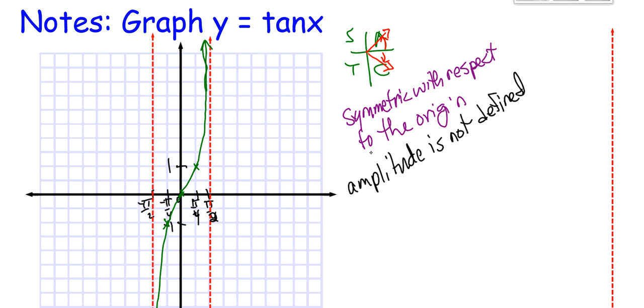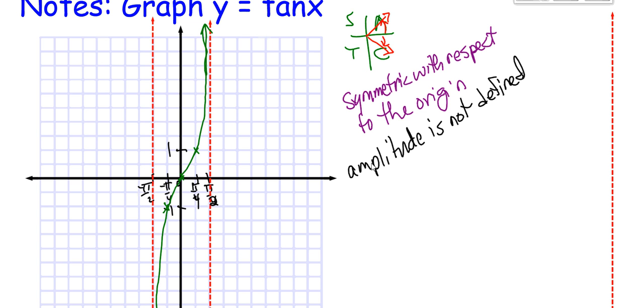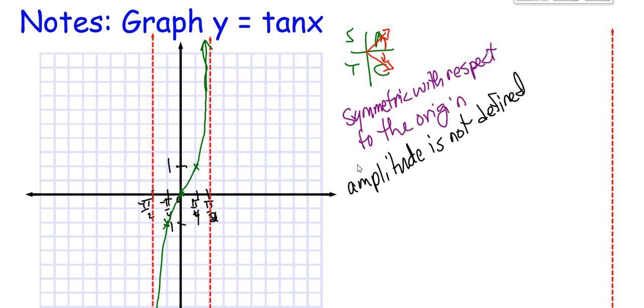And for tangent, the 5 key things are going to be only 3 points, these 3 points right here, and then the asymptotes. And the asymptotes kind of are at the ends of that. Notice we still are using that 4 cubbyhole concept as well. And so here's some other things that we want to be able to say about this. So we're going to use 3 key points and 2 asymptotes to graph.